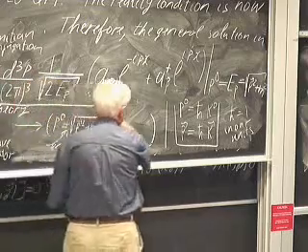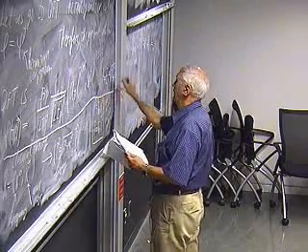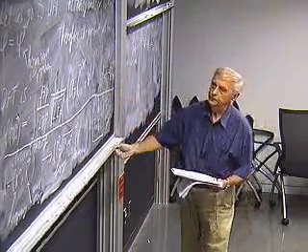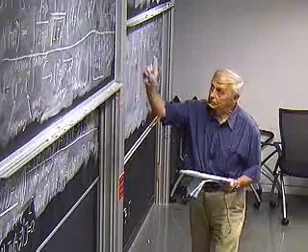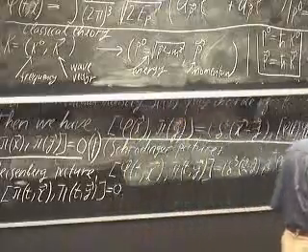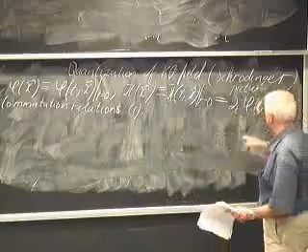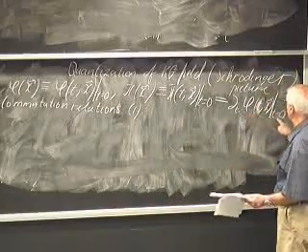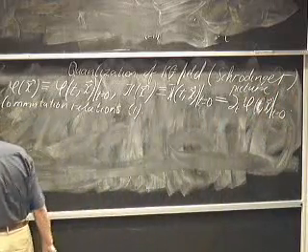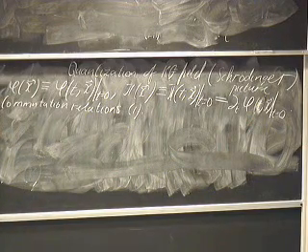I will still use this stuff. It's the Heisenberg picture that I will use, because I could, for example, take the Heisenberg derivative with respect to t at t equals 0, and then I get pi and so on.